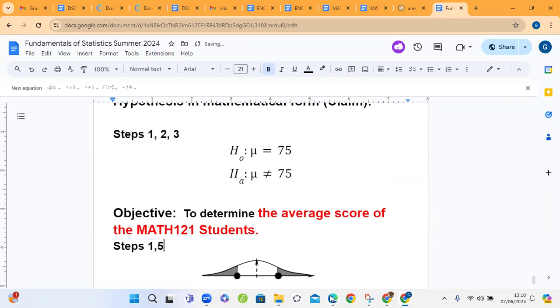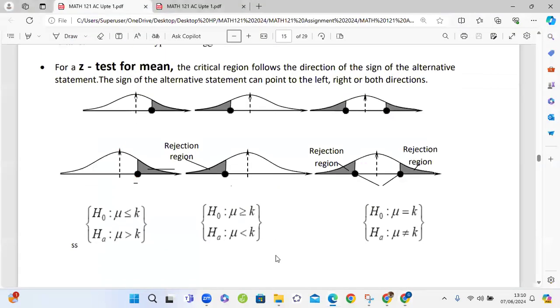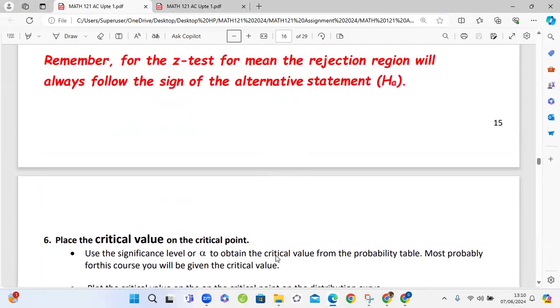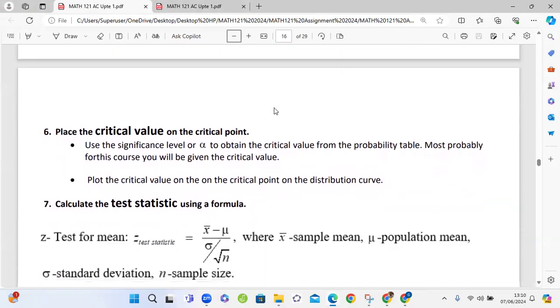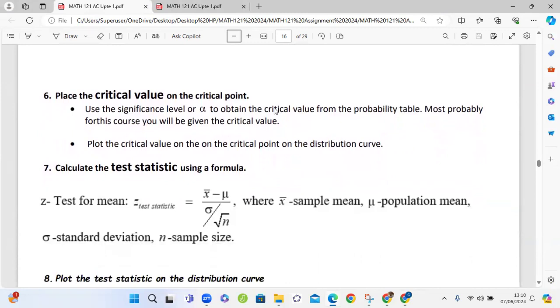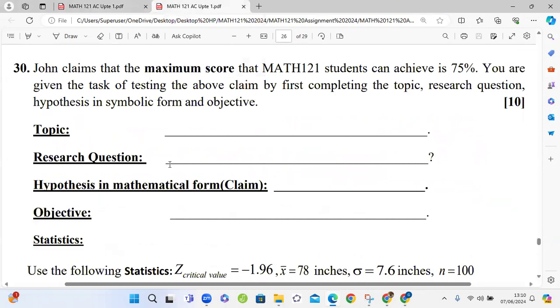Let's go to step number 6. Remember, for the Z-test for mean the rejection region will always follow the sign of the alternative. Step number 6 says to place the critical value on the critical point. The critical value will be provided. The critical value here is negative 1.96.